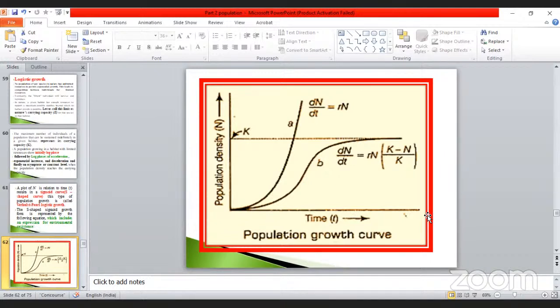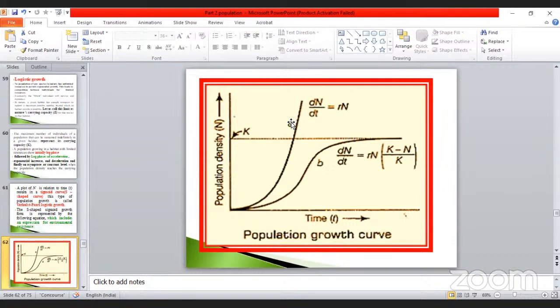Okay, see that there are two equations also obtained. Two equations are expressed here. This is very, very important. The plot, first one is A. You will get a J-shaped curve. Second one is B. There are two types of graph you will obtain.